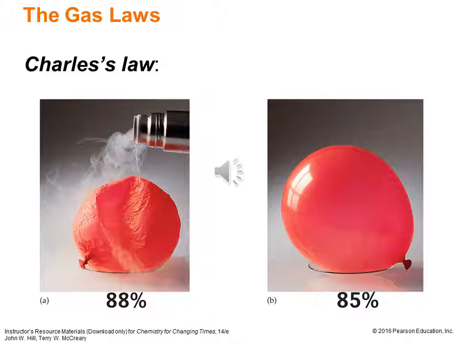Alright, and here we see a visual representation of Charles's law. So we have a balloon, so that's your fixed volume of gas, and as we cool it on the left with liquid nitrogen, obviously as the temperature goes down, the volume also goes down. And then on the right, we see as the temperature goes back up, the volume also increases.